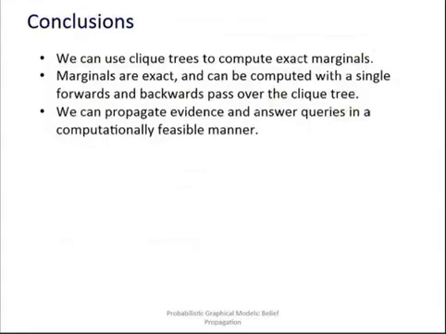So in conclusion, we can use the clique trees to compute the exact probabilities or marginals. Okay, marginals are exact. They can be computed with a forwards and backwards pass over the clique tree. We can propagate evidence and answer queries in a computationally feasible manner.